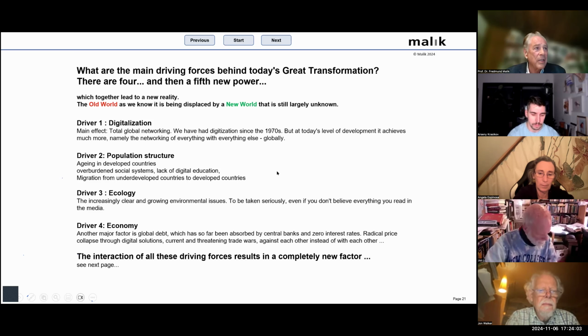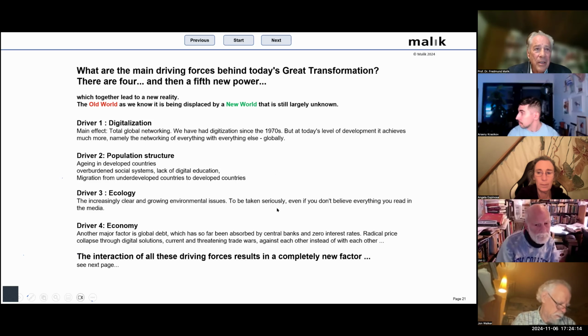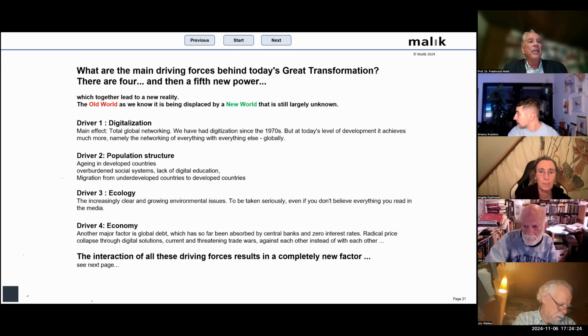Driver three, ecology. The increasingly clear and growing environmental issues to be taken seriously, even if you don't believe everything you read in the media. Driver four, the economy. Another major factor is global debt, which has so far been absorbed by central banks and zero interest rates, depending on the countries.